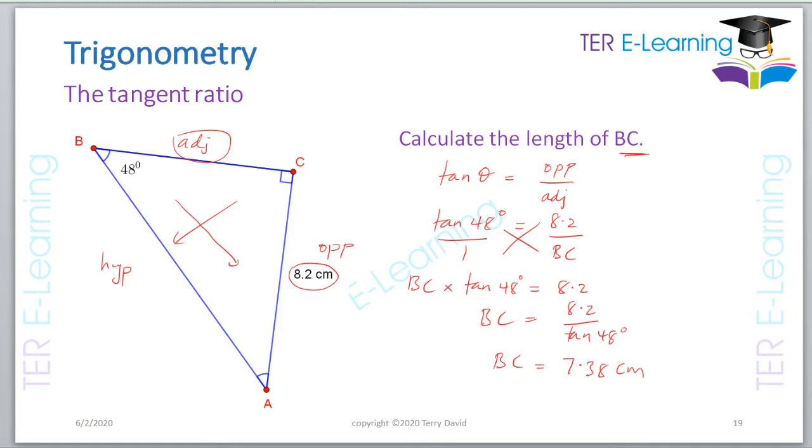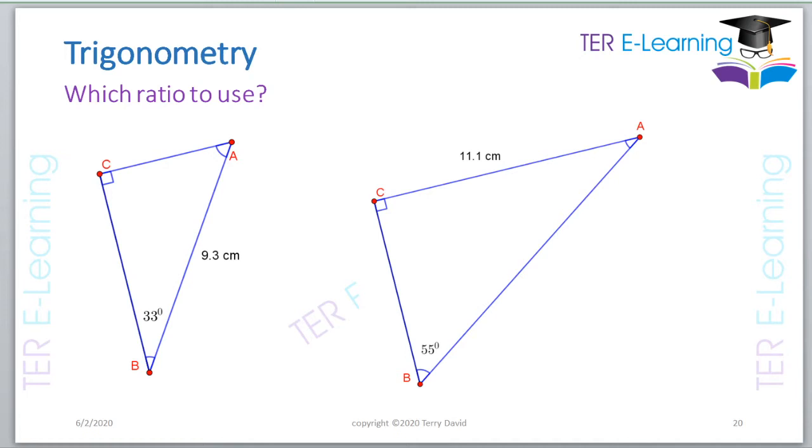All right, so take a look at this. Sometimes when you get an exam question and you look at it, you're not sure what you have to use. So for example, in this first diagram, the diagram on the left, I have an angle, I have a side which is 9.3 cm.